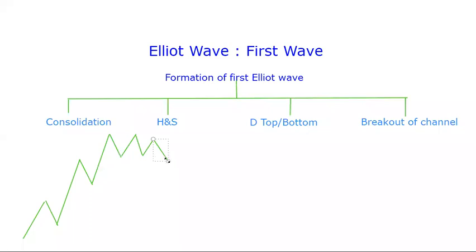Based on the consolidation, you have to wait for the market to give a breakdown of this consolidation range, wait for the market to retest this line or this consolidation zone, and you take the trade. So that is the first wave based on the consolidation. Okay.